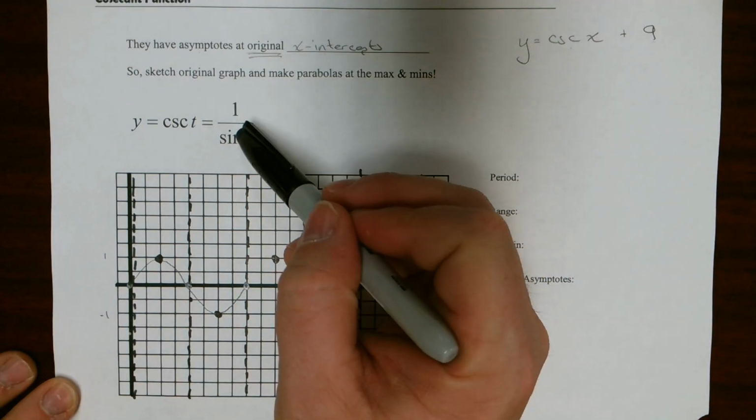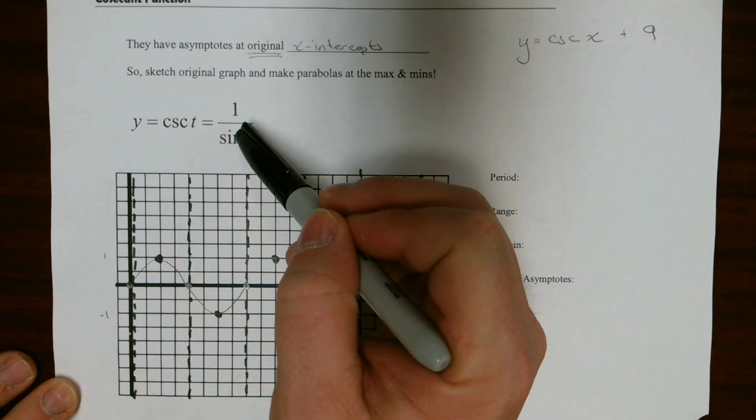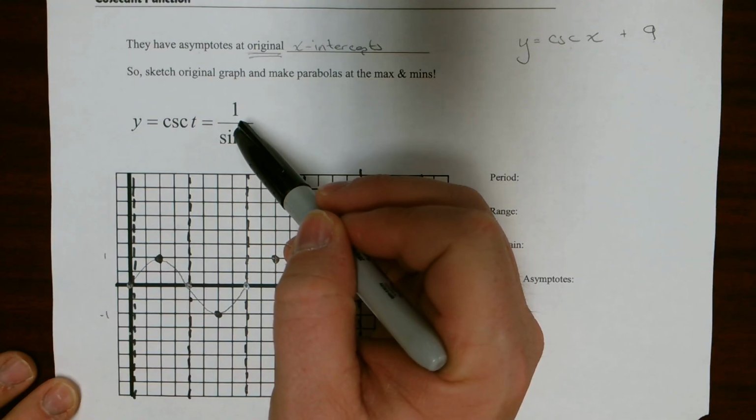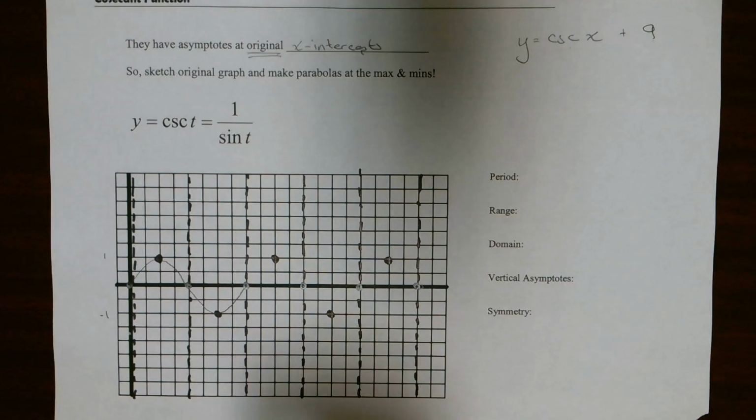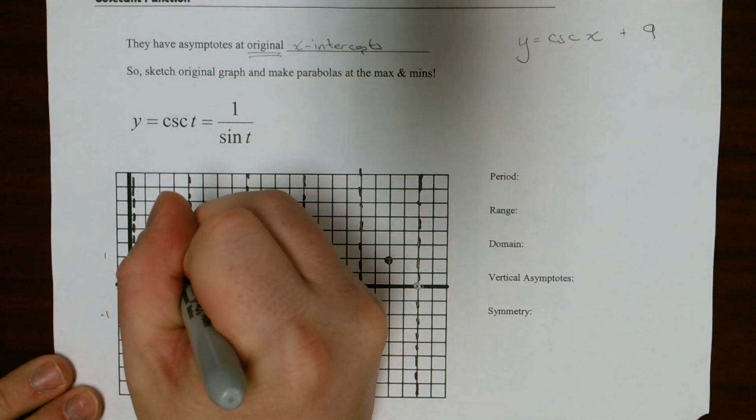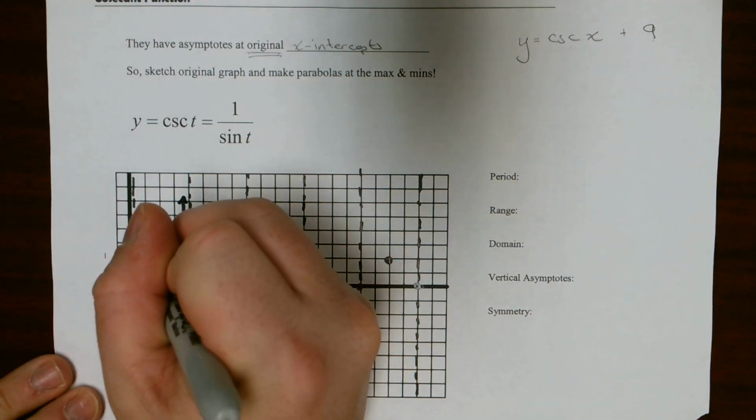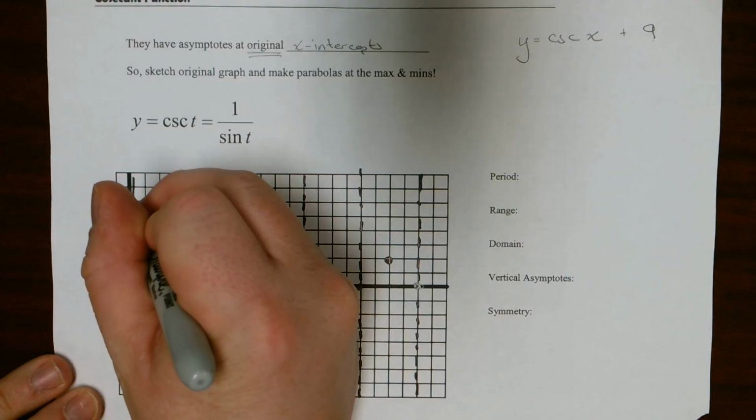Well, the reciprocal of values that get closer and closer to 0 goes to infinity. So this graph is going to shoot off to infinity.